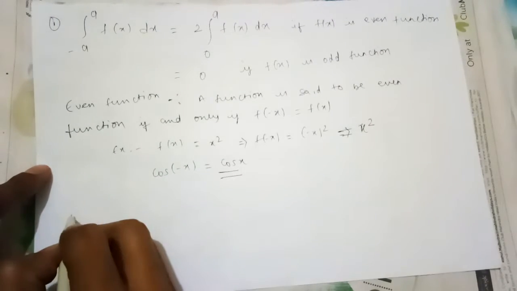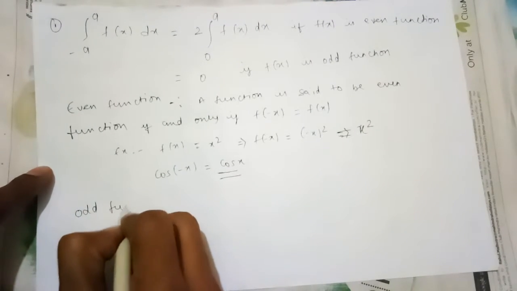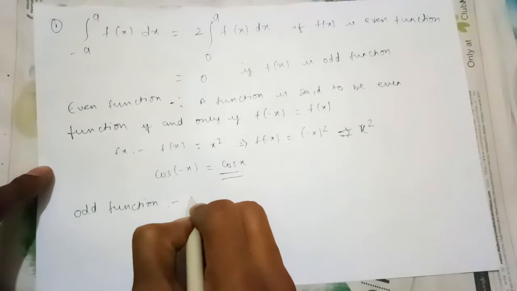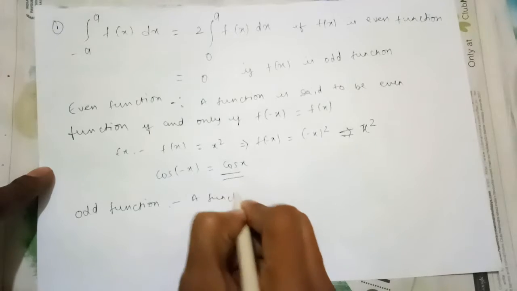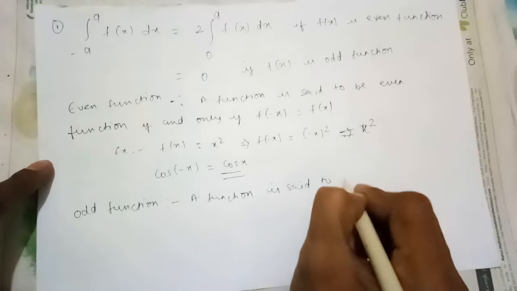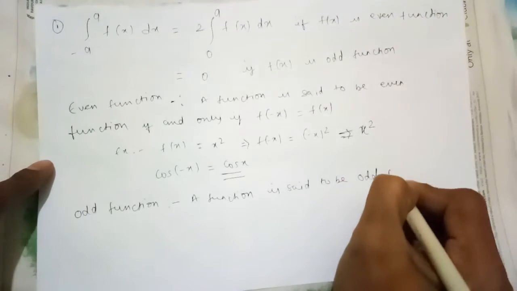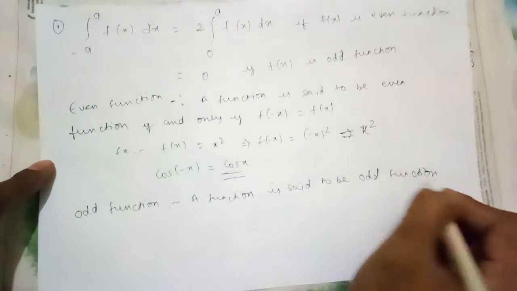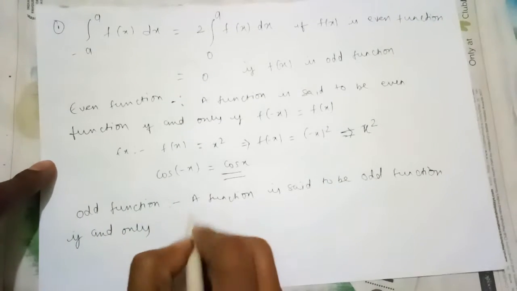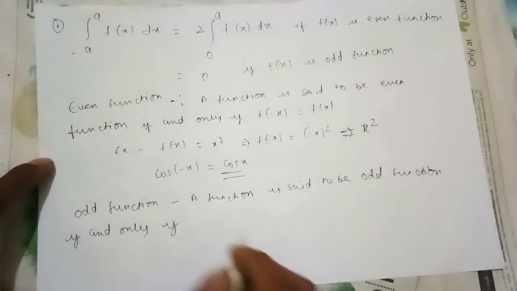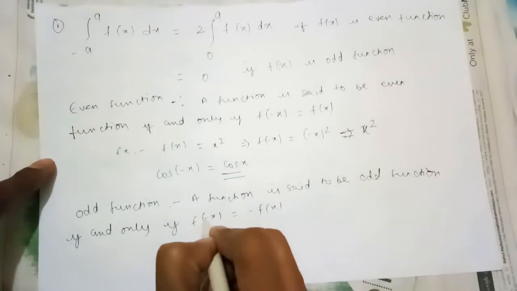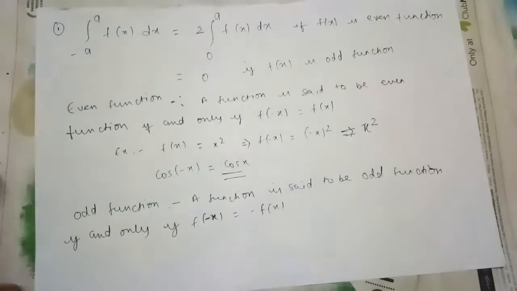Now what is an odd function? A function is said to be an odd function if and only if f of minus x is equal to minus of f of x.